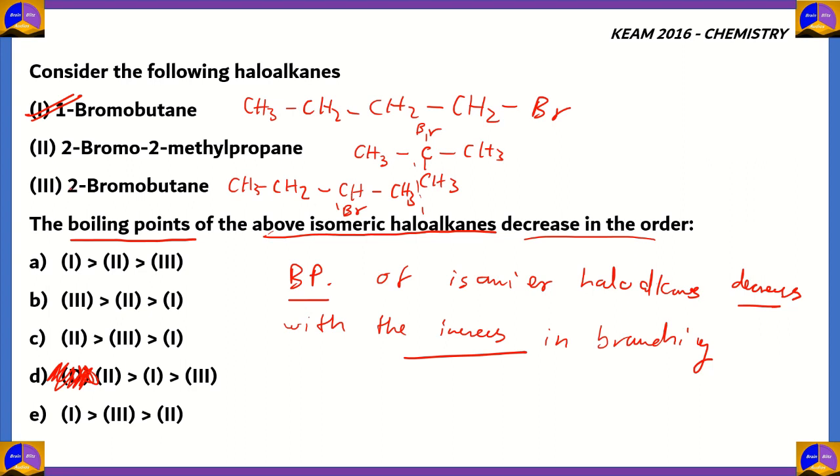So that means 3 is slightly more branched than 1, but not as branched as 2, so it has an intermediate boiling point, and 2-bromo-2-methylpropane has the lowest boiling point. So option E, 1 greater than 3 greater than 2, is the correct answer, because 1 is the least branched and 2 is the most branched. It's highly branched, while 1 is not branched at all.